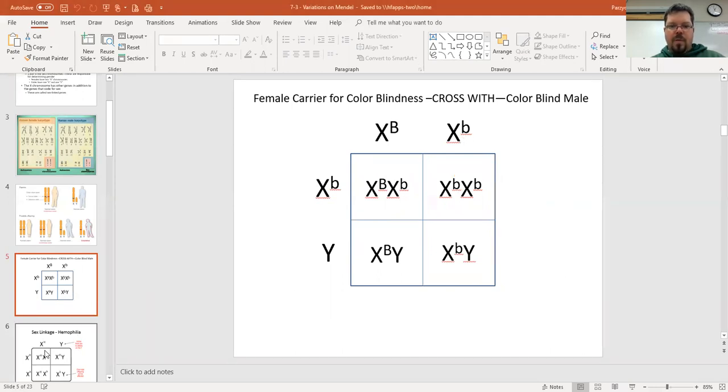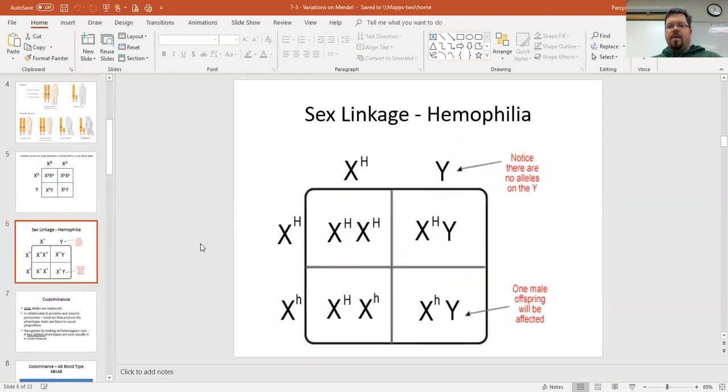Another example would be hemophilia, a blood clotting disorder. Because it's a sex-linked trait, hemophilia is more common in males than in females. Here we have a male that does not carry the defective allele.